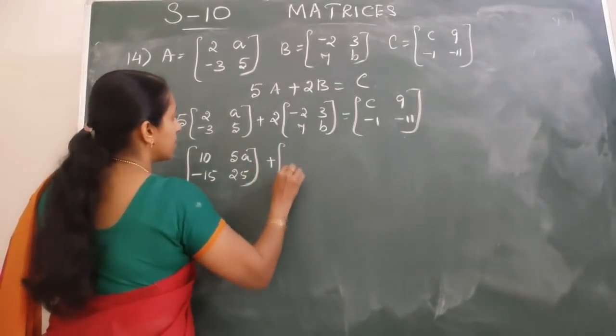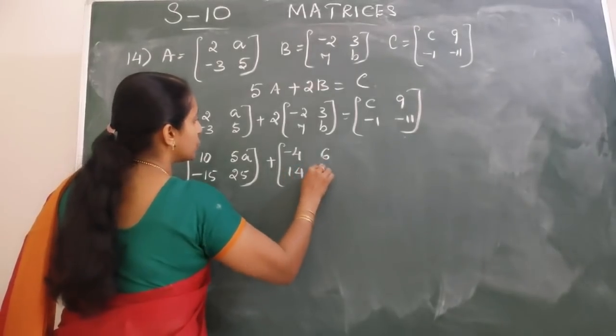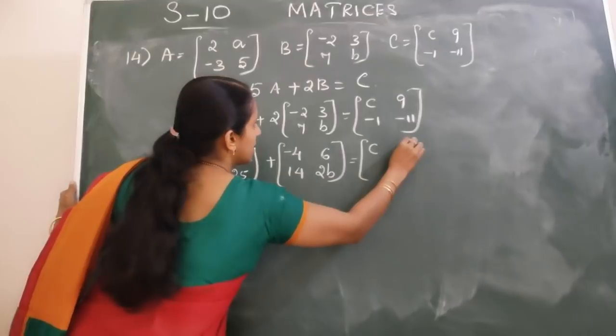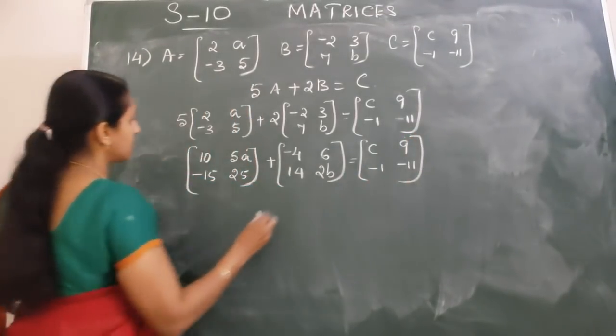Plus minus 4, 6, 14, 2B equal to C, 9 minus 1 minus 11, right?